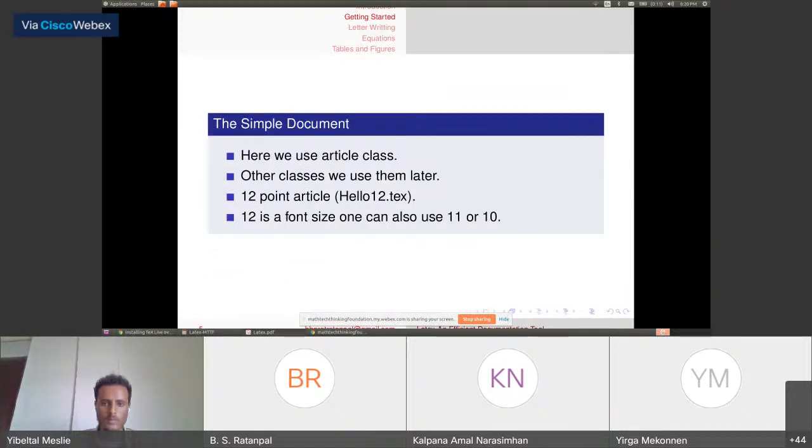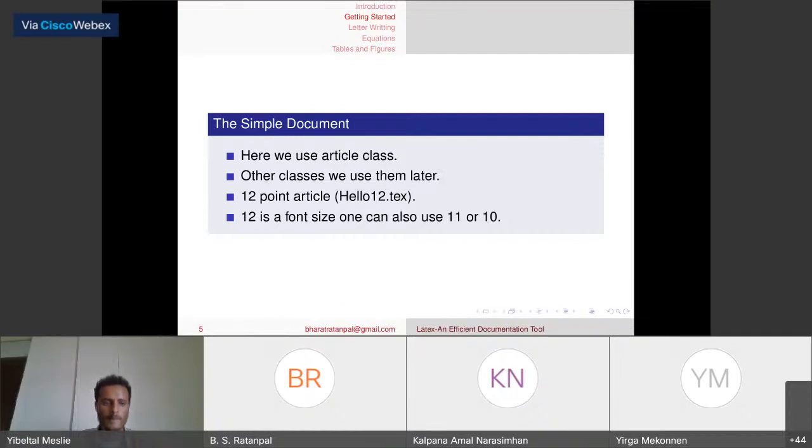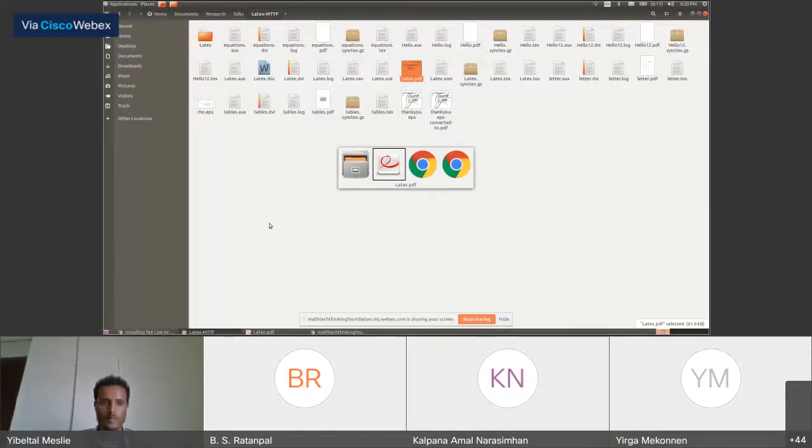So you can create a simple document using LaTeX. Here we use the article class, and for other classes we use letter, and the font size is 10 point, 11 point, or 12 point. Let us see the 12 point article.